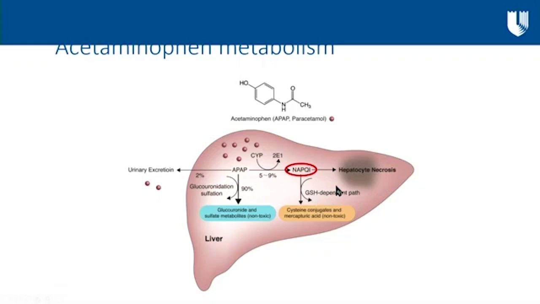So once we run out of those, this builds up and we start causing damage. Or I take 5 grams of acetaminophen a day for the past 3 weeks, and slowly over time I build this up and the same thing happens.